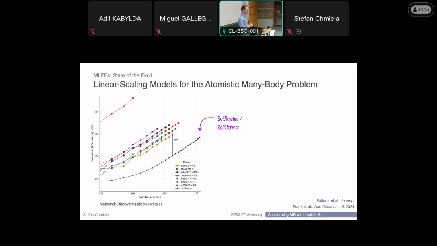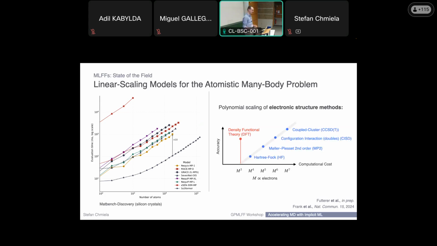That's really quite remarkable because it goes against contemporary complexity theory that we know from computer science. We know that the many-body problem is an exponential problem, and even in approximation, or for systems that are not strictly correlated, it's polynomial. And of course we know this from traditional electronic structure methods.